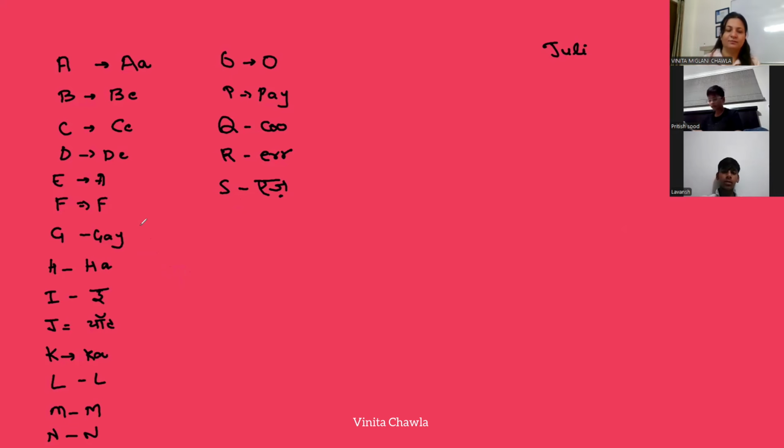It's Julie, so we'll say Yuli. T is te. U is u, double O H. V is pau. V has a sound of f in the German language.